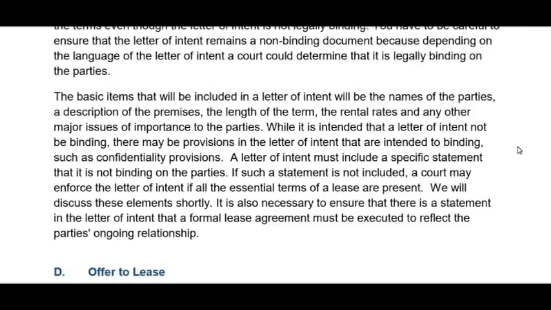A letter of intent must include a specific statement that it is not binding on the parties. If such a statement is not included, a court may enforce the letter of intent if all the essential terms of a lease are present. We will discuss these elements shortly. It is also necessary to ensure that there is a statement in the letter of intent that a formal lease agreement must be executed to reflect the parties' ongoing relationship.